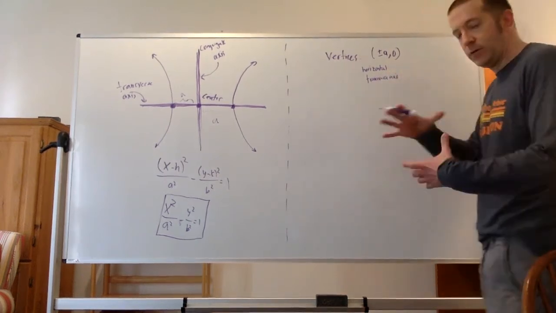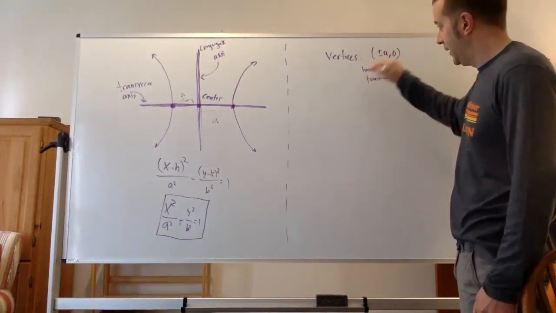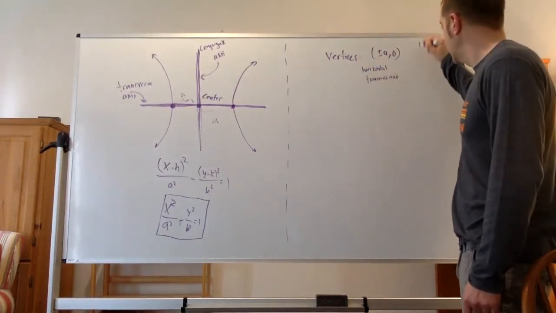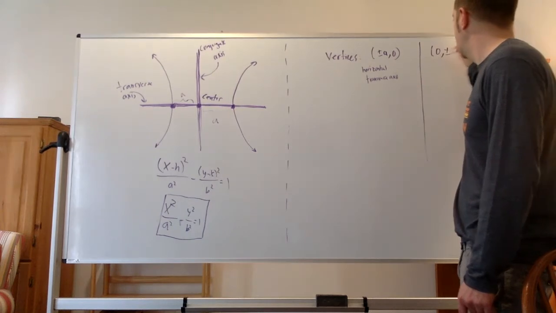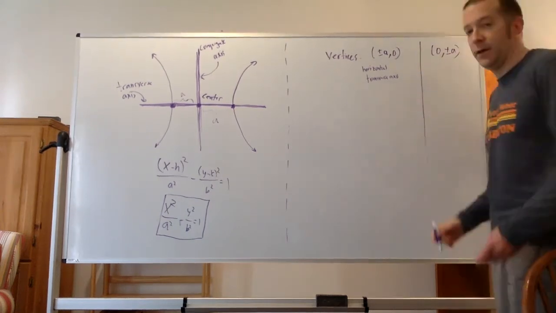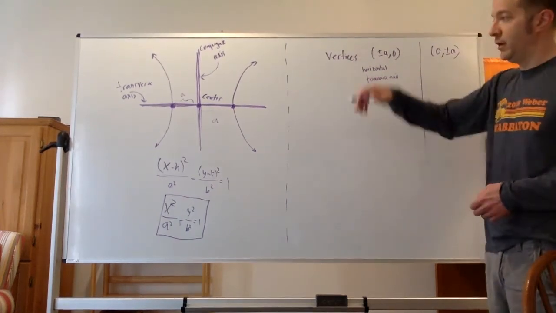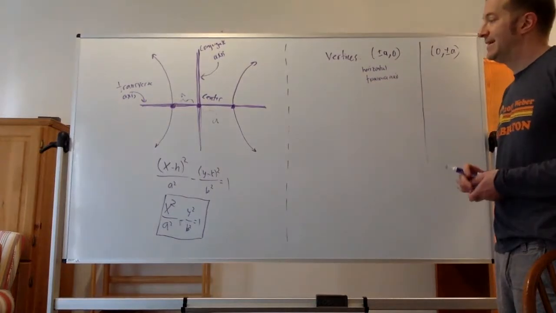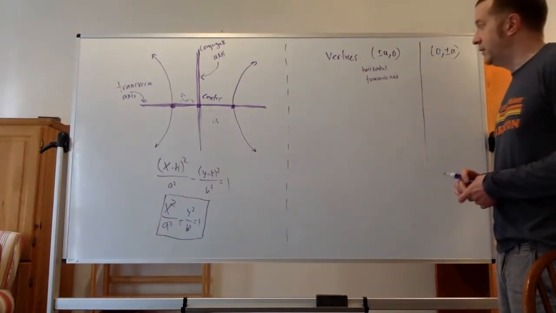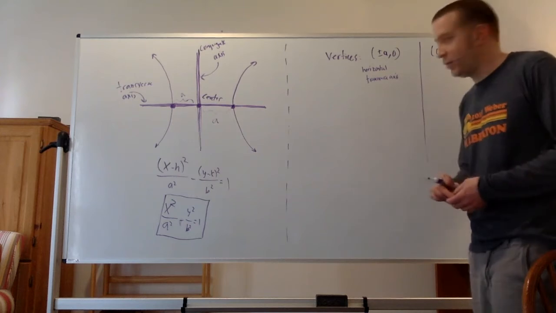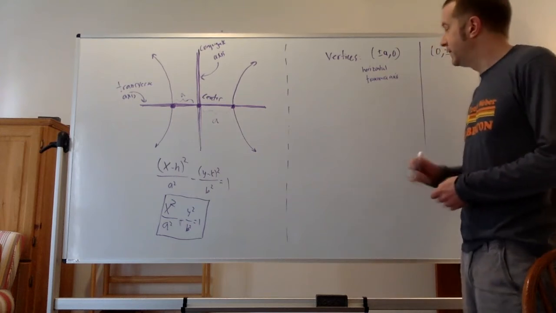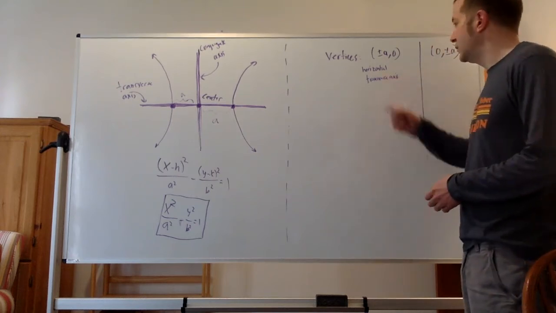But if it's a vertical one, as in it opens up and down, you're going to have 0 comma plus or minus A, because you're going to be going up and down to find the vertices. So that's how you find the vertices of these things. This will be a little clearer when we start doing practice problems. I'll do a couple of those, but this is how you find those.